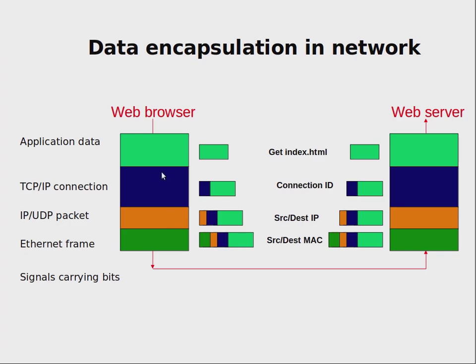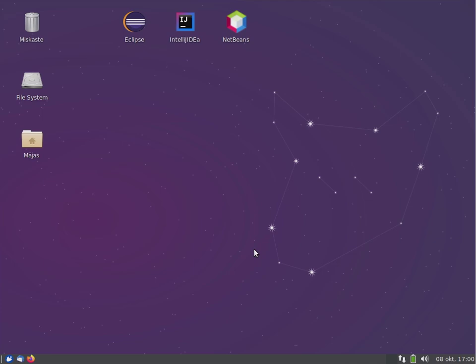And then if it's also a reliable data connection like a TCP packet, it also counts how much data were sent from one device to another device, how much data are received, and then everything else is data. And for example here, if it's a web browser and web server, the web browser may send something like GET index.html to the server. So how does it look in demonstration?